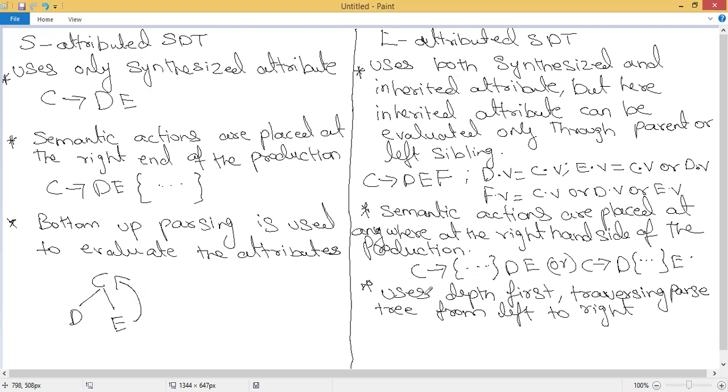In the same way, L attributed SDT uses depth first traversal, traversing the parse tree from left to right.